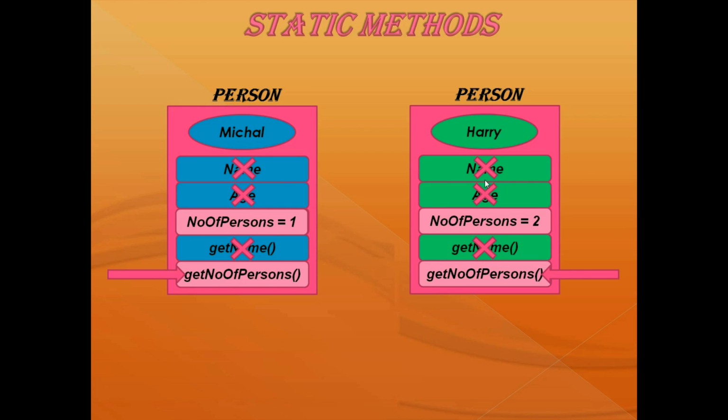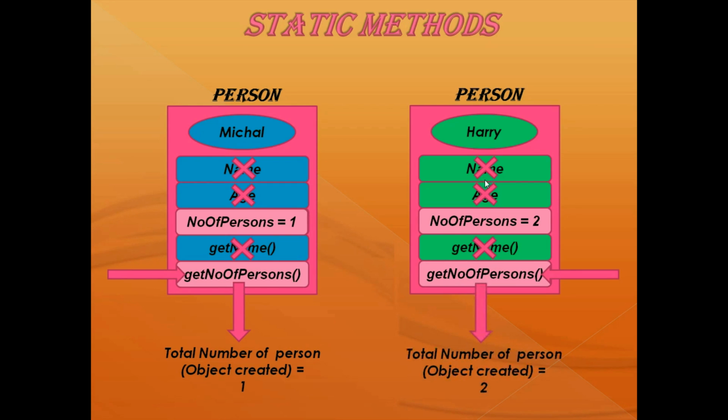For example, when the Michael object is created, at that time the total number of objects is 1. Then another new object is created, like Harry, and at that time the total number of objects increases to 2 from 1. We simply increase the number of persons value by 1 and then get the updated total count. Understood?